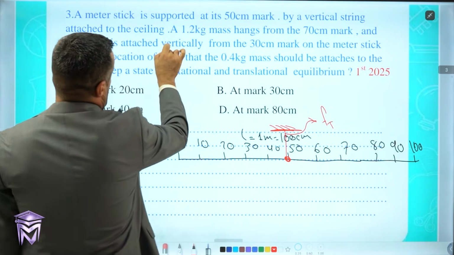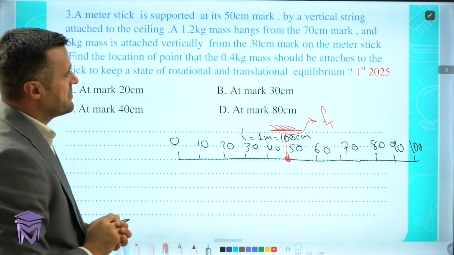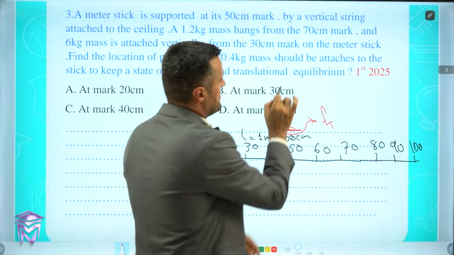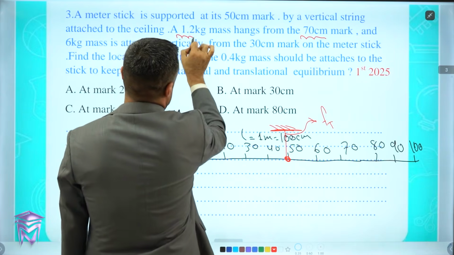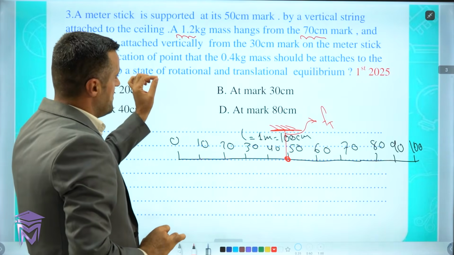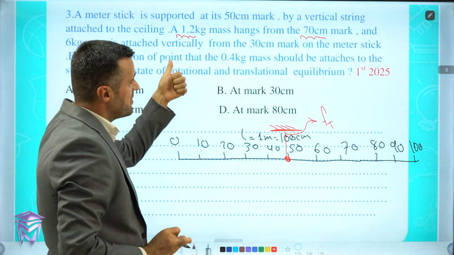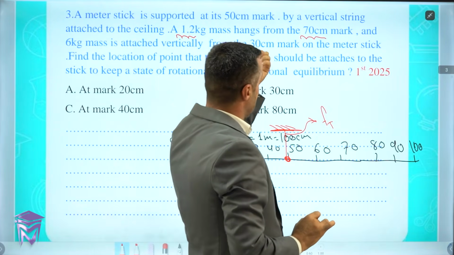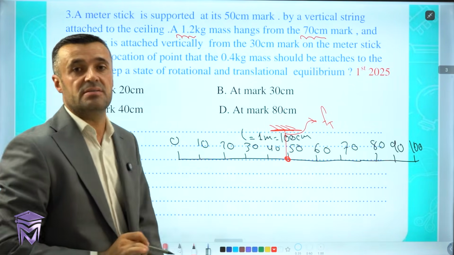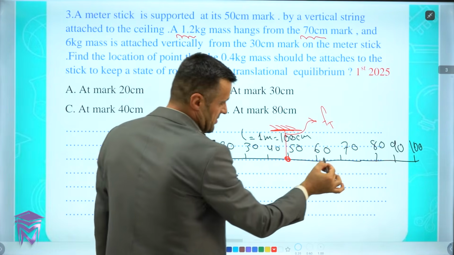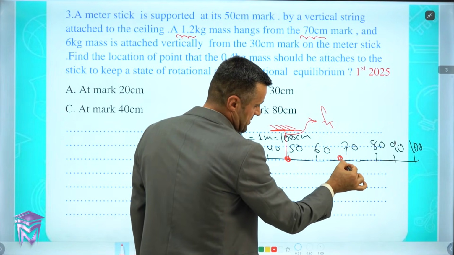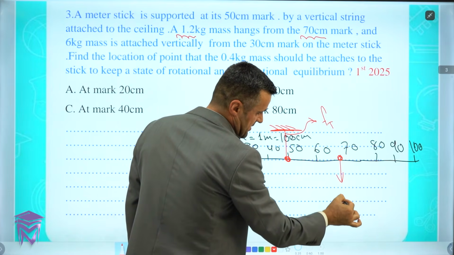After that, a 1.2 kilogram mass hangs from the 70 centimeter mark. This number is very important, and this is our first mass. The first mass of 1.2 kilogram hangs from the 70 centimeter mark, located at this point.